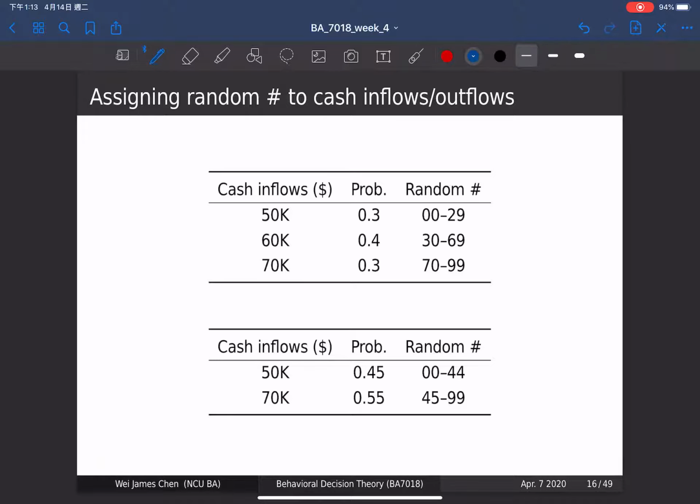Because the computer uses a program designed by human beings to define what it means by random. It's not real random, so it's sometimes called pseudo-random. There are many different methods to generate the random numbers, and I'm not a computer scientist, so I only know a few of them, which are very old methods.